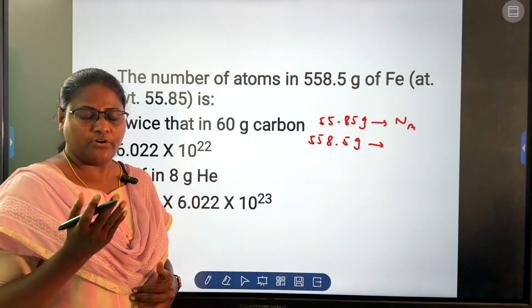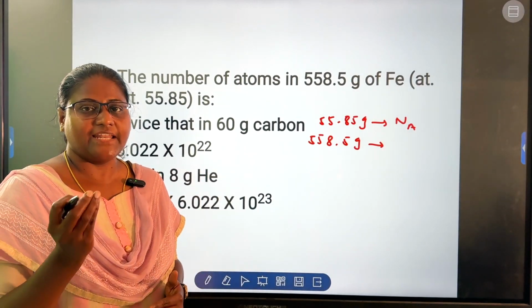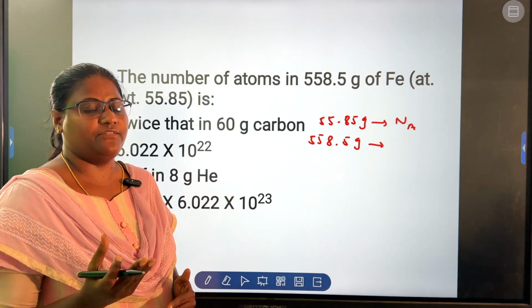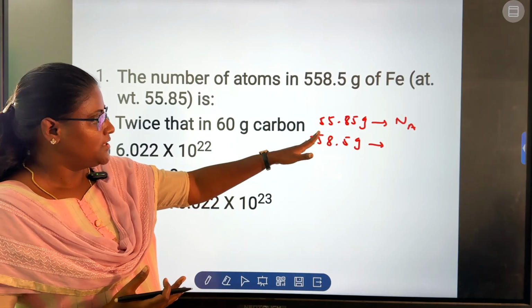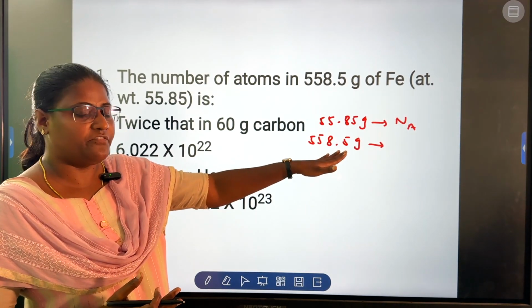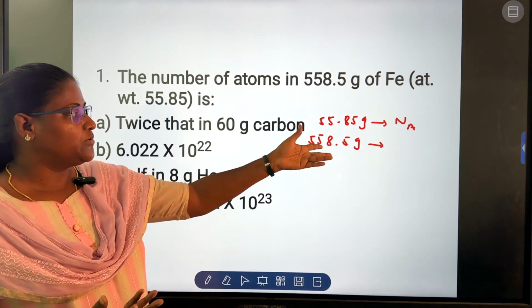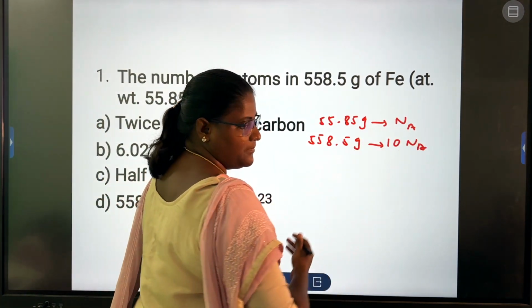You can easily solve this using the simple direct and indirect variation we have learned in mathematics. If the mass increases, obviously the number of atoms will also increase. So 55.85 increases to 558.5 by multiplying by 10, so it is 10 times the Avogadro number.